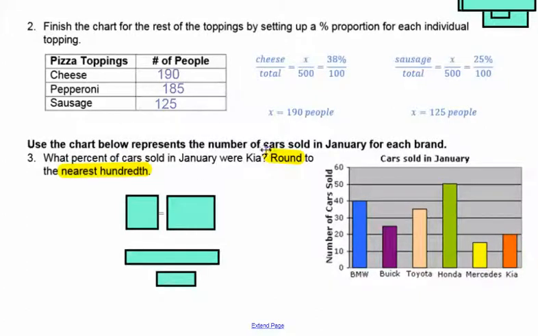All right. So they want to know what percent were Kia. So Kia is my part. So Kia over total. For my number side, we know how many Kias were sold. 20 Kias were sold. The total number of cars sold, to figure that out, we got to add all of these up.